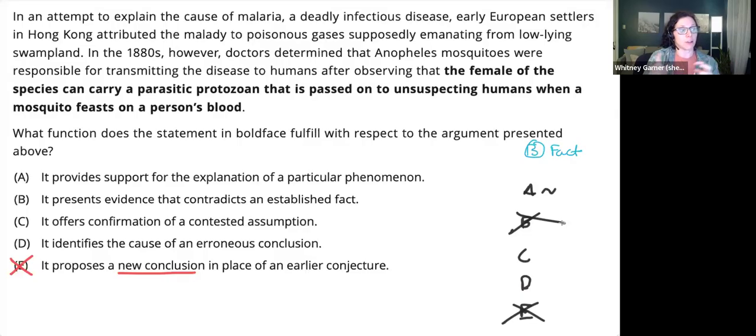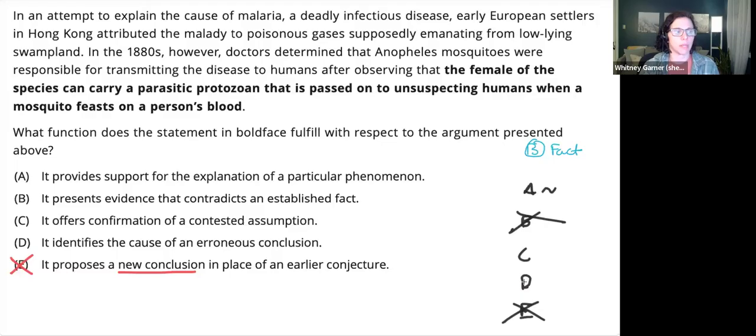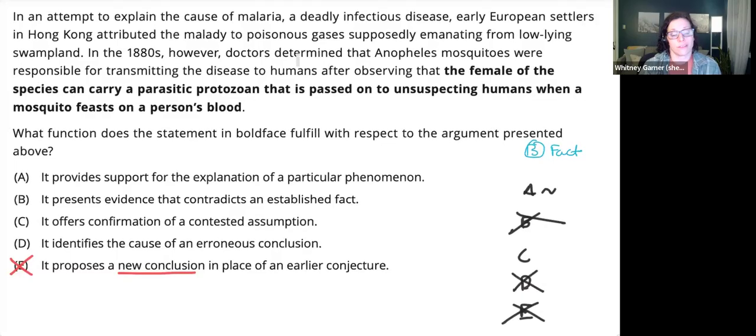And does it identify the cause of the erroneous? Oh, no, this would be the support for the new conclusion. And so for all of these, we want to say, all right, is this offering confirmation for a contested one? No, this is offering confirmation of the new conclusion, which best fits with answer choice A.